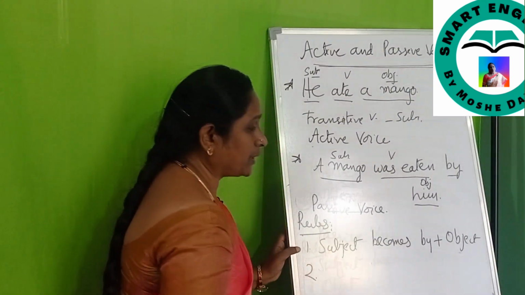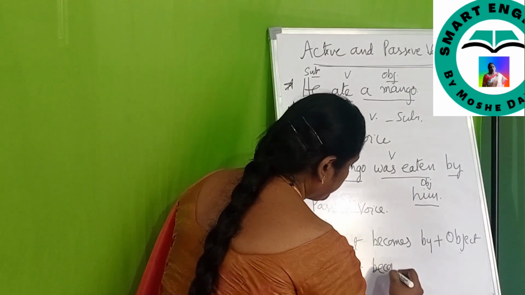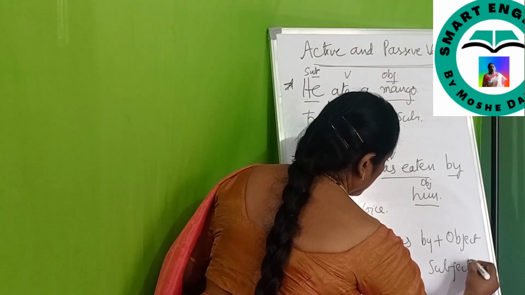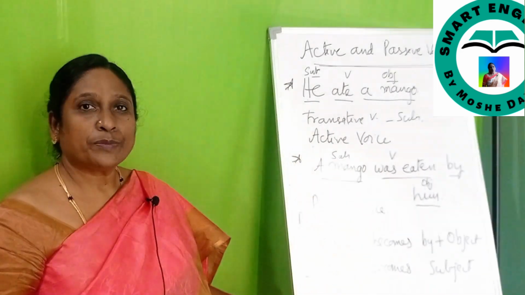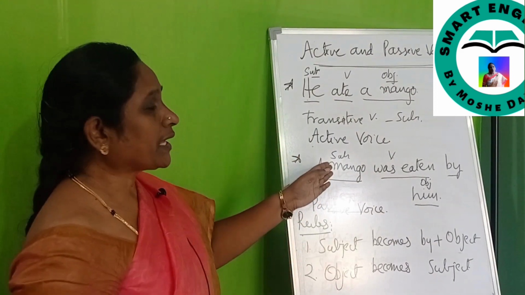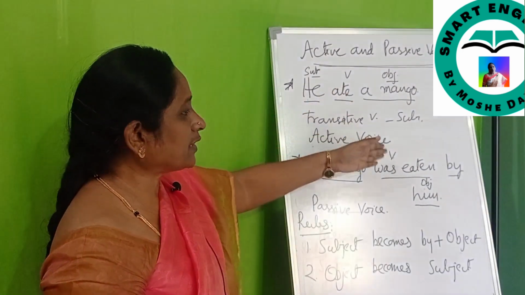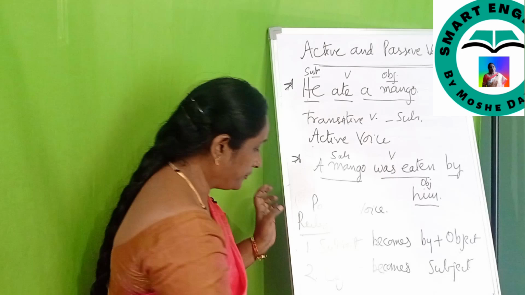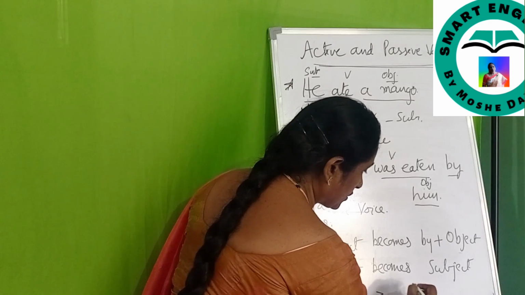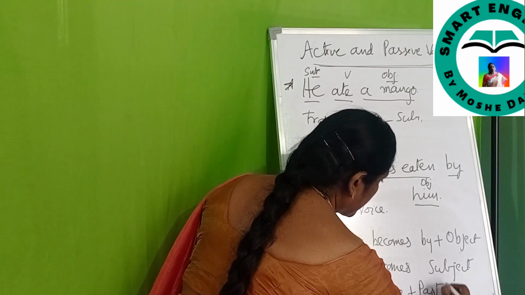The second rule is: the object becomes subject. And the third one: we have covered subject and object, so what is left in the sentence? Verb. The verb changes into the be form plus past participle.